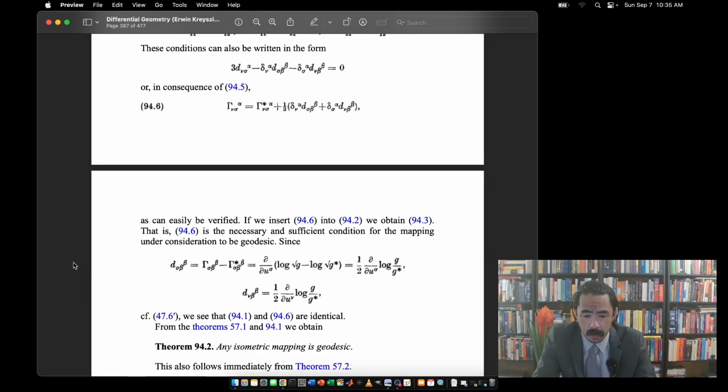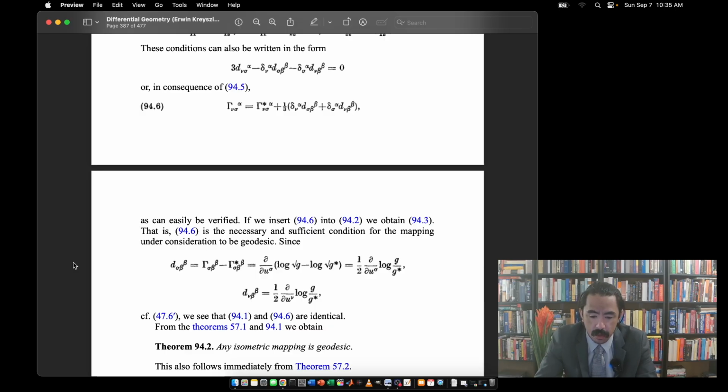These conditions can also be written in the form 3 times d sub nu sigma superscript alpha minus Kronecker delta sub nu superscript alpha times d sub sigma beta superscript beta minus Kronecker delta subscript sigma superscript alpha times d sub nu beta superscript beta is equal to 0, or in consequence of expression 94.5 above, we also have Christoffel sub nu sigma superscript alpha is equal to Christoffel star sub nu sigma superscript alpha plus 1/3 times the quantity delta sub nu superscript alpha times d sub sigma beta superscript beta plus delta sub sigma superscript alpha times d sub nu beta superscript beta closed quantity, as can be easily verified.